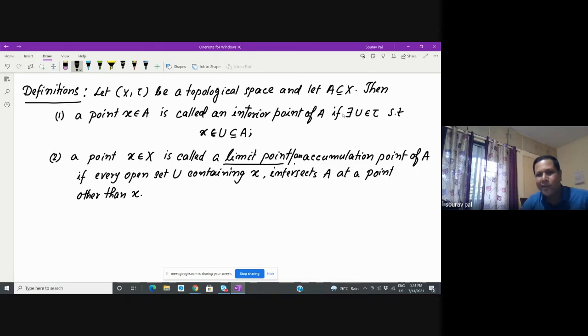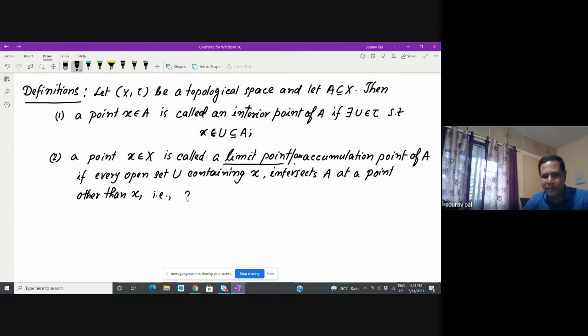In case of an interior point, there exists an open set. And here it happens for every open set. If you have any open set U that contains X, that open set U must intersect A at a point other than X.